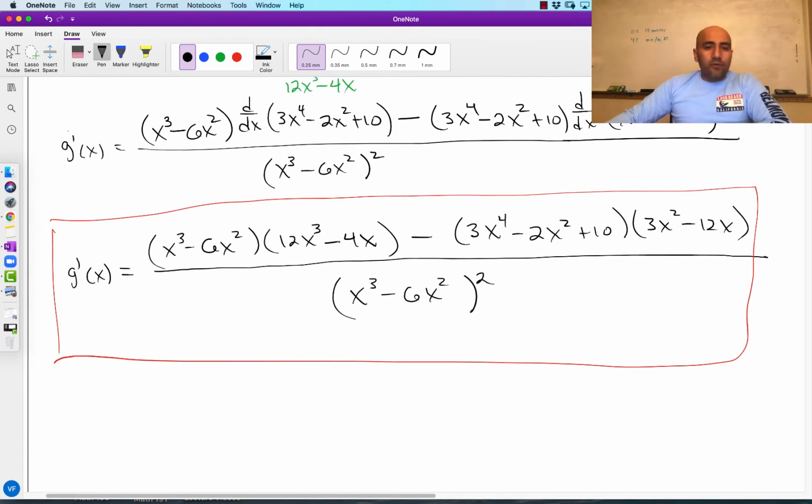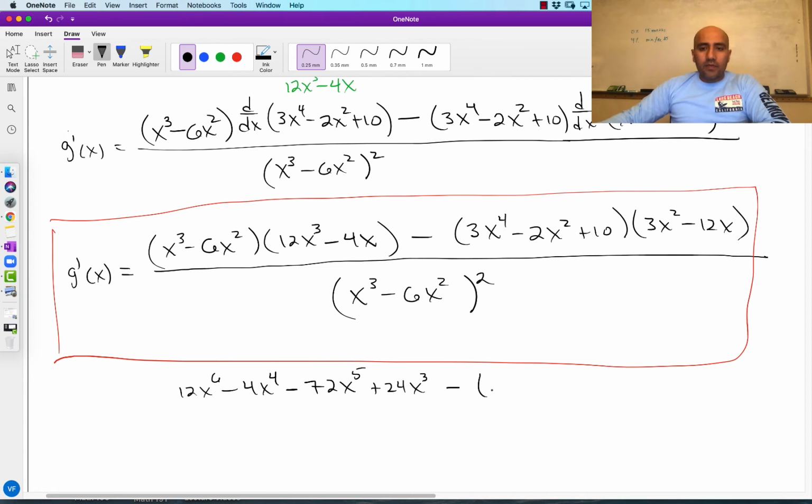Okay, so if we kept going, I'm going to have to FOIL this out here. So this one would be 12x to the 6th power minus 4x to the 4th power minus 72x to the 5th power plus 24x to the 3rd power minus, and now just to be careful, this minus is going to apply to the whole thing, so I'll put parentheses there.